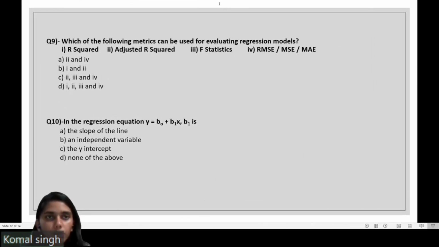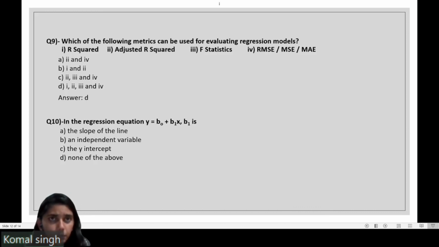Then, which of the following metrics can be used for evaluating a regression model? Here R square, adjusted R square, F statistic. These are all metrics used for evaluating a regression model. And in the regression equation y equal to b naught plus b1x, what is b1?